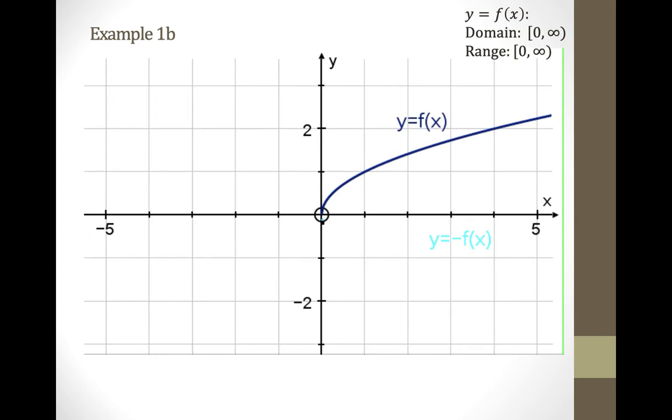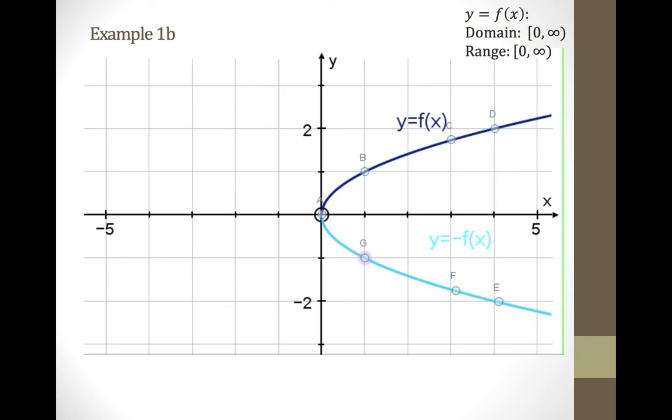Here's some key points: (0, 0), (1, 1), looks to be about (3, just under 2) and (4, 2). And they will be mirrored or reflected directly underneath where we found them originally. Then we join the dots. Clever, huh? Okay, for the domain and range now, why don't you have a try?